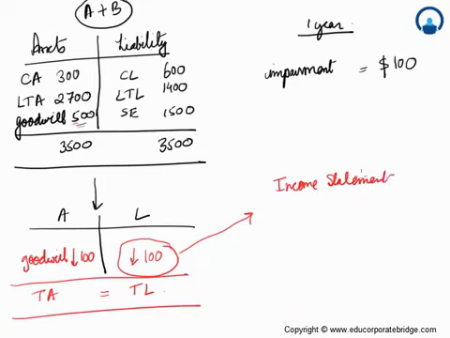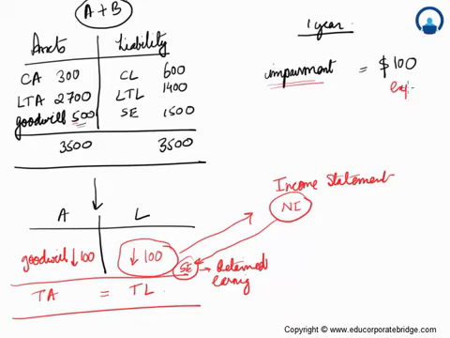Now we know this golden rule that the net income from the income statement is linked to the shareholders' equity section in the form of retained earnings. So your retained earnings will get reduced by 100 by showing this impairment as an expense on the income statement.